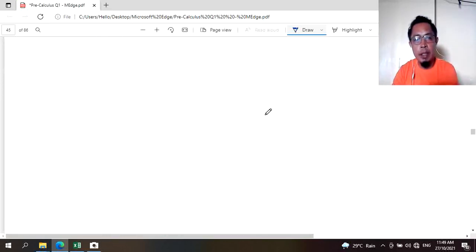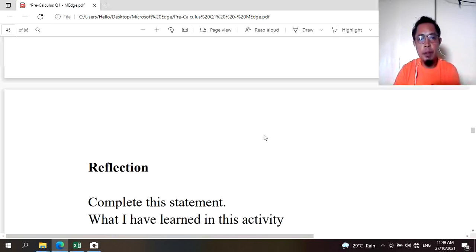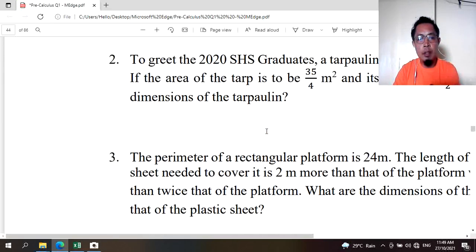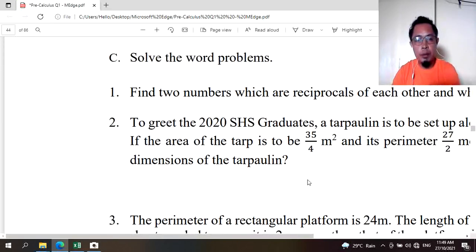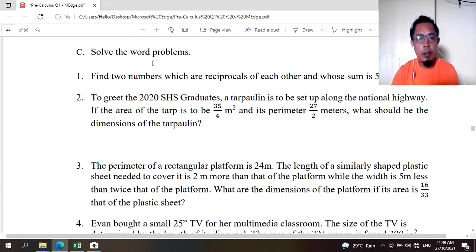Let's go back to the next problem. So let's try to use, for an example in the application, problem number 2.